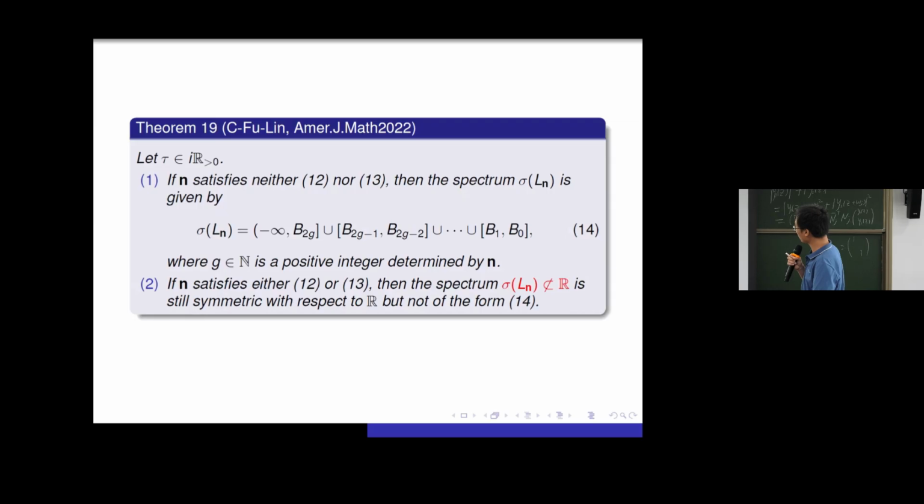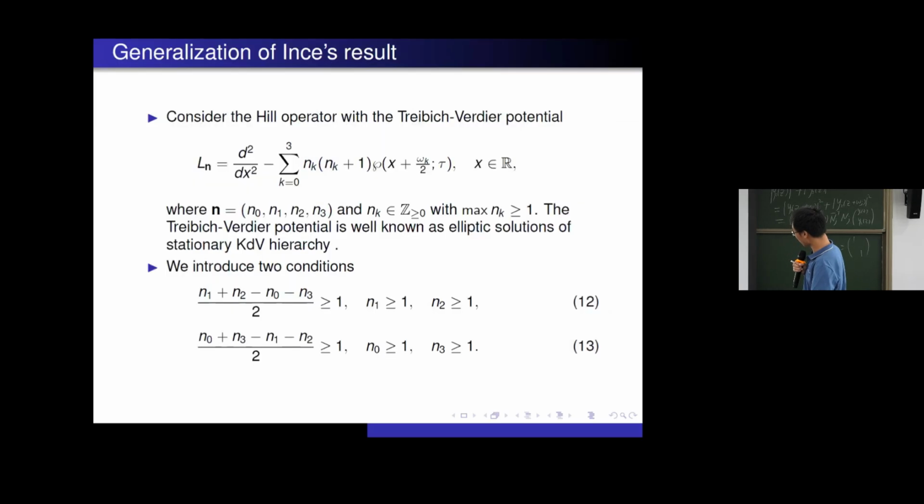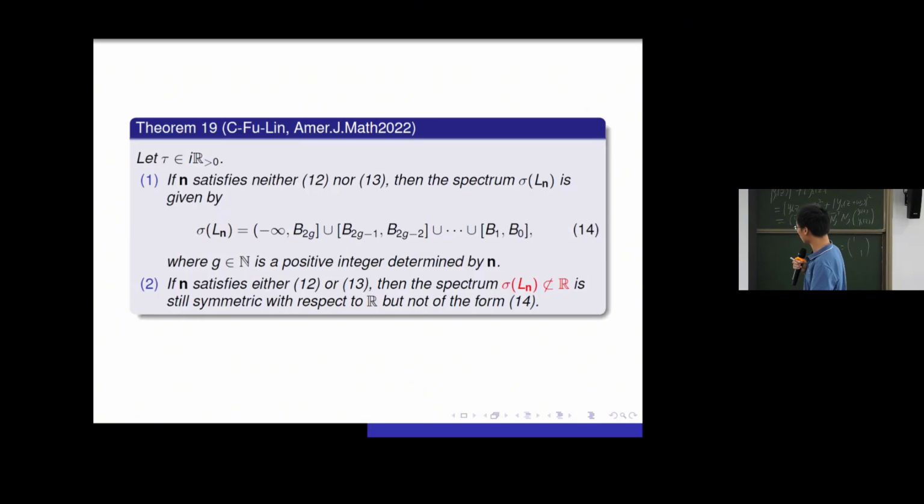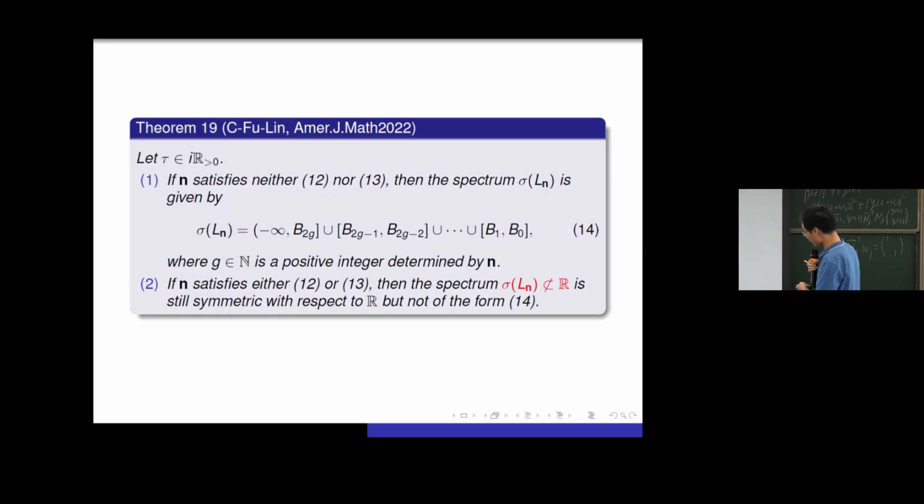But if n satisfies this or this, then the spectrum is no longer a subset of R. It is still symmetric with respect to R, but not contained in R. So these two conditions are necessary and sufficient. So I stop here.